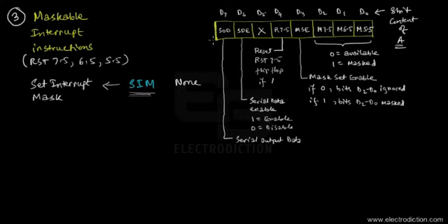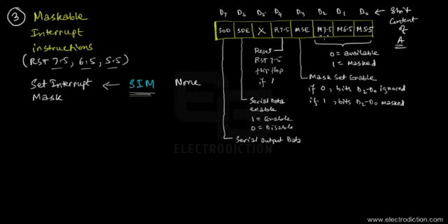Whenever we're working with the SIM instruction, each of these bit positions in the accumulator data byte has a special meaning, and these are specifically applicable to the RST 7.5, 6.5 and 5.5 interrupt lines. Here you can see the bits D0 to D2.